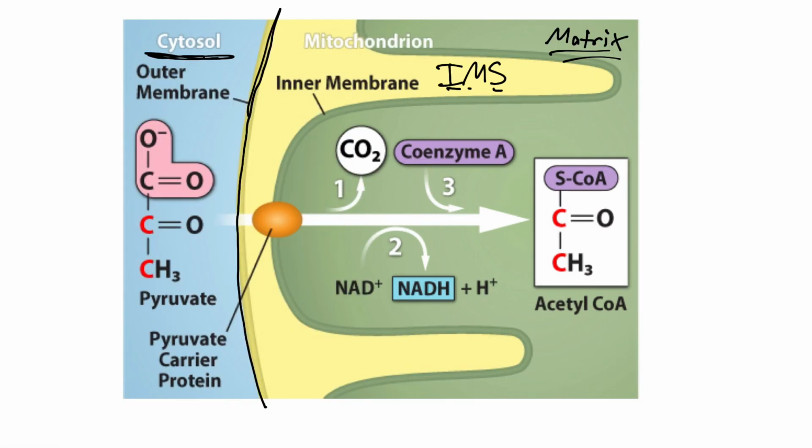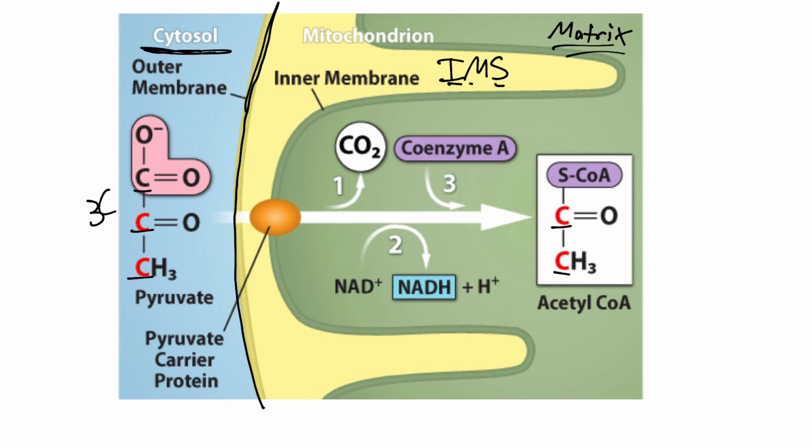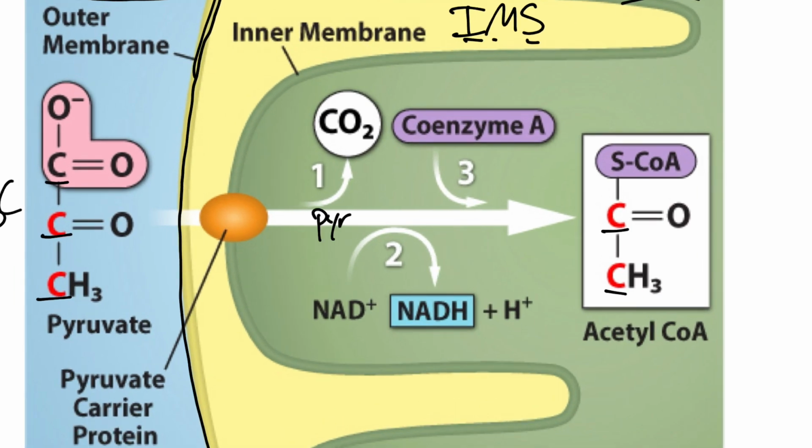All right, so pay attention to the number of carbons we're working with here. Pyruvate is a 3-carbon molecule, and in the end, we're going to wind up with acetyl-CoA, which is only a 2-carbon molecule, right? So this reaction that's happening, which, by the way, they don't have it written in here, but the enzyme that's making this reaction happen is called pyruvate dehydrogenase, and big name, but it makes sense, right?